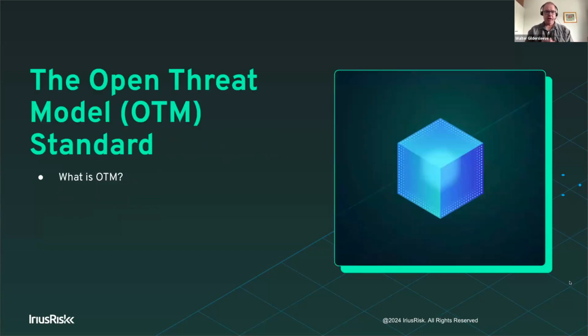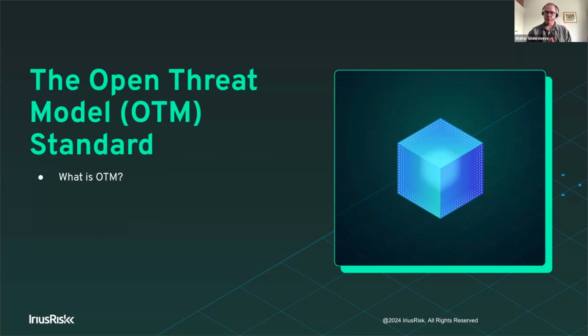So next up, we have the Open Threat Model. This is something that Irius Risk was instrumental in creating and promoting. Open Threat Model is an open sourced method by which threat models can be stored and communicated and exported and imported, agnostic to any particular program.